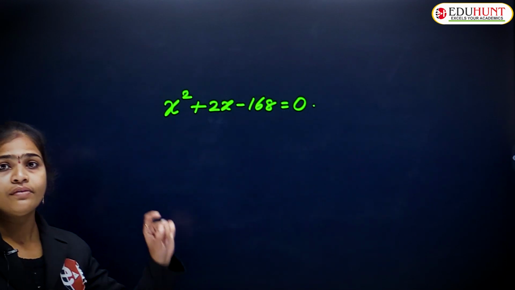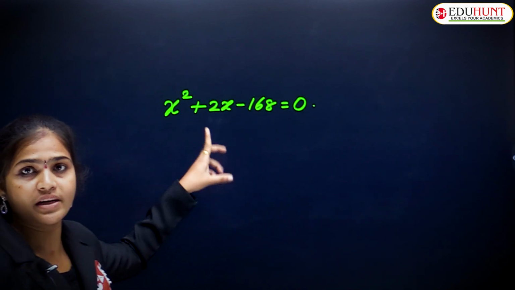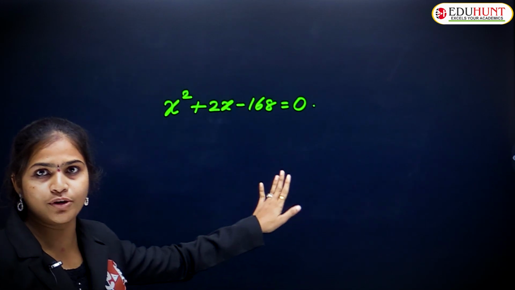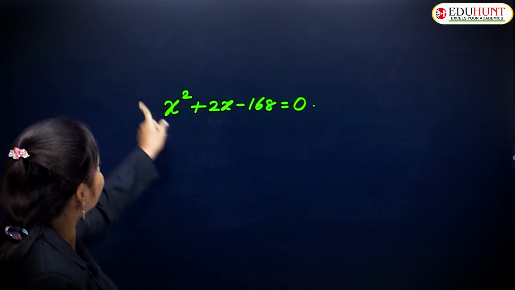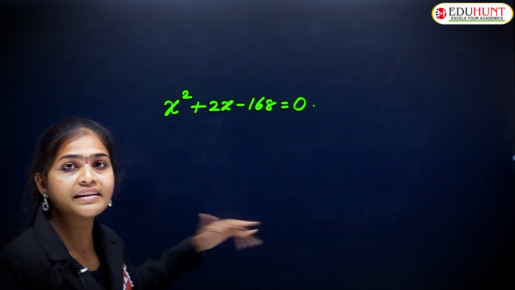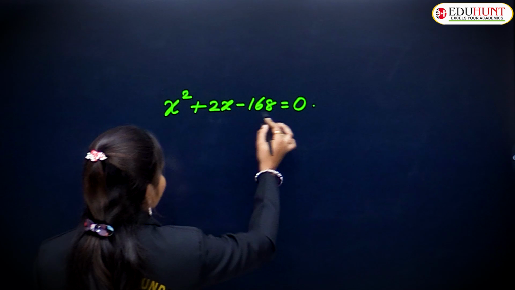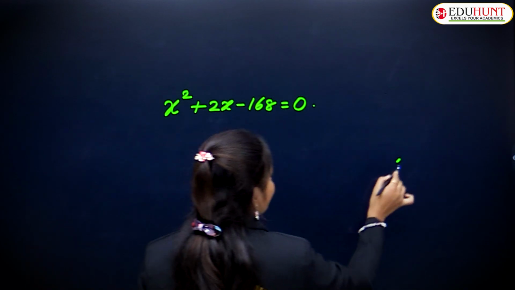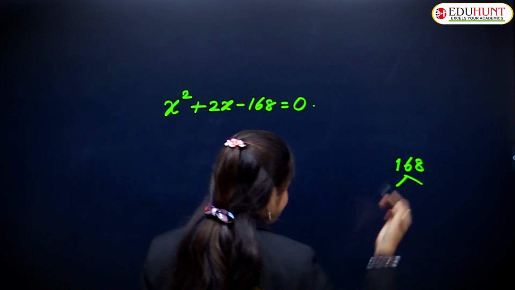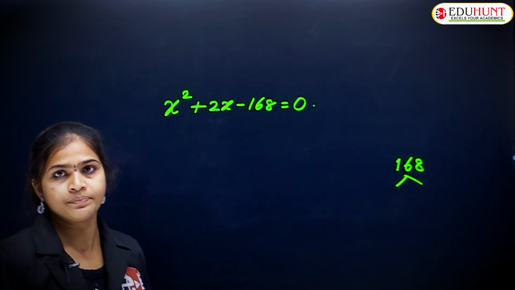So children, while I explained step 1, step 2, step 3: in step 1 we already converted the statement into a numerical formula. After that we formed a quadratic equation. Now we have to simplify this quadratic equation. Since minus 168 is there, we have to write the factors of 168 whose difference must be equal to 2x.